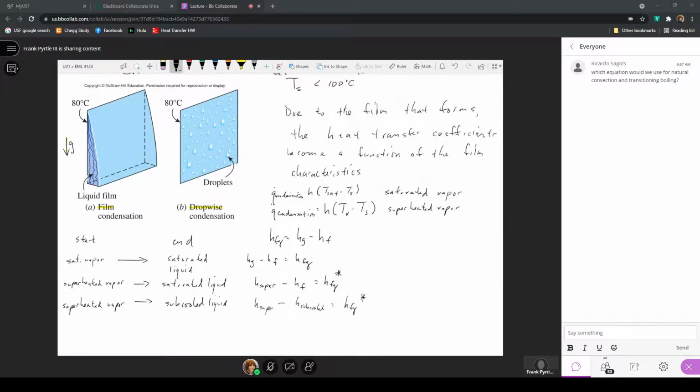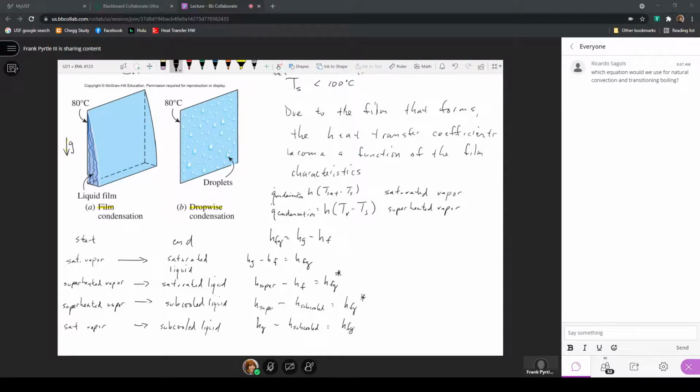We could also consider, let's say, saturated vapor to subcooled liquid. In that case, this would just be H sub G, the enthalpy of saturated vapor, minus H subcooled.